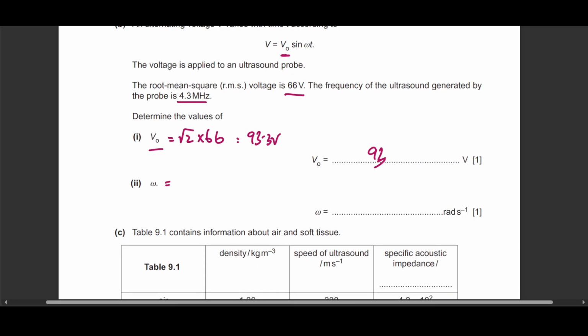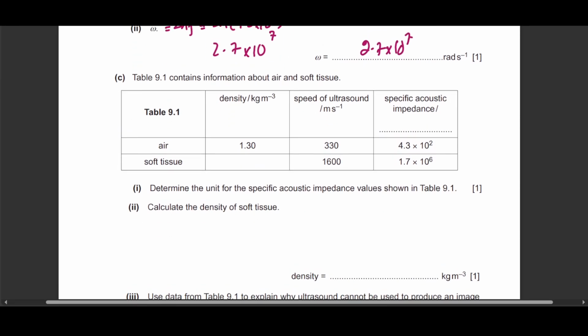Omega is equal to 2 pi f. So that is going to become 2 pi into 4.3 into 10 raised to power 6. Mega is 10 raised to power 6. So this becomes 2.7 into 10 raised to power 7 radians per second. Next he says complete the table.